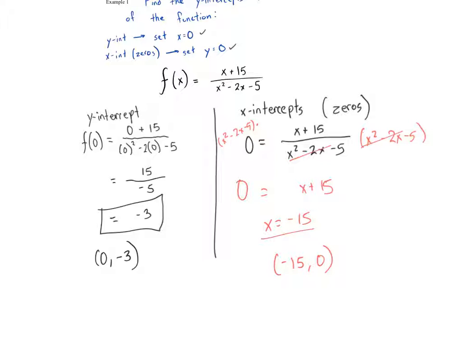Let me know if I'm going a little too fast, if you need to still copy things down. We'll do 2 or 3 more problems just like this. And it's always the same step. Step 1, set x equal to 0, find our output. Step 2, set y equal to 0, find our input.